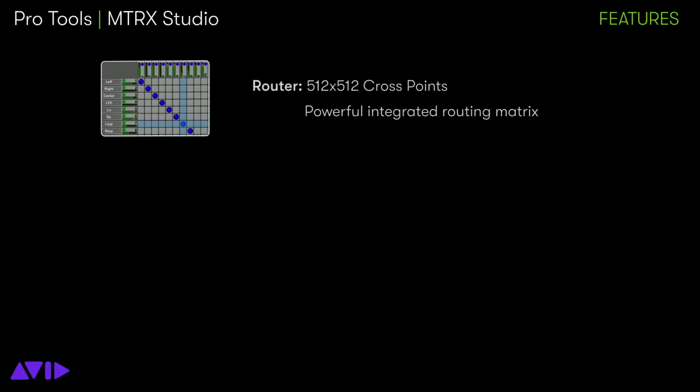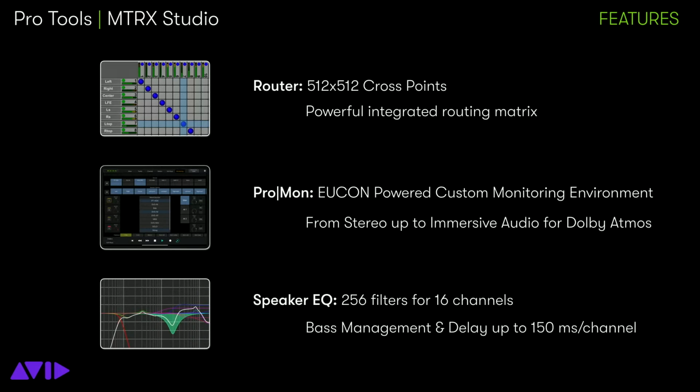So let's talk about that flexibility a little bit here. And this is where it starts to get interesting. It has a router built into it, so I can take any of those mic or line inputs into the box, and I can send them to multiple destinations. Let's say ADAT, to another rig via Dante, to another Pro Tools rig via DigiLink.